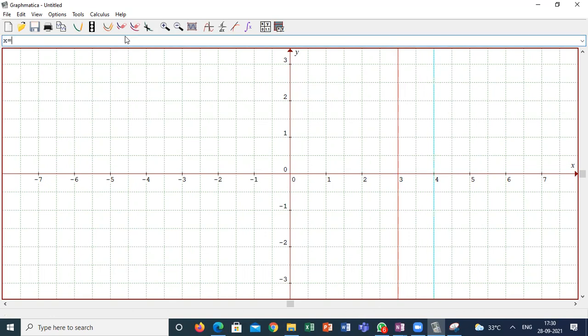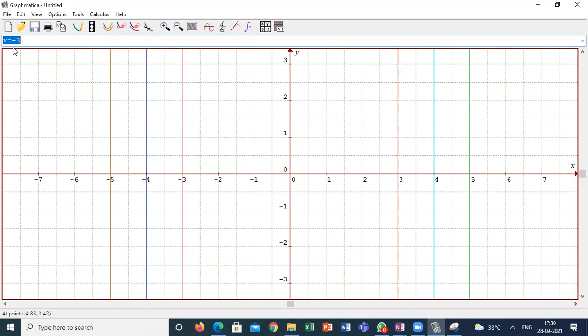If I'm taking x is equal to 5, see, one more line in green color. If I'm taking the same lines with negative sign, I will get the left side with a different color. Minus 4, blue color line you can see here. Minus 3, see, one more line you can see. These are the lines which are parallel to y-axis and perpendicular to x-axis.